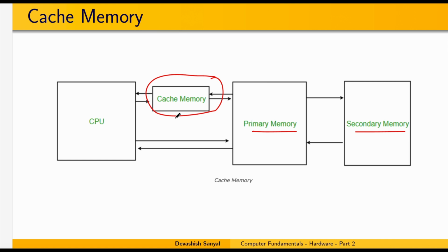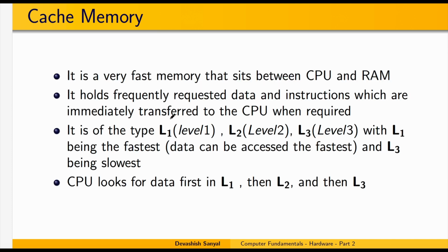It's not dynamic RAM, it's static RAM. Cache memory is very fast memory, so accessing data from the cache requires very little time, and it sits between the CPU and the RAM. So basically it's very close to the CPU.